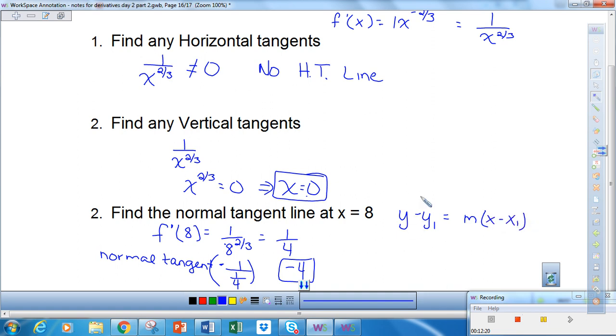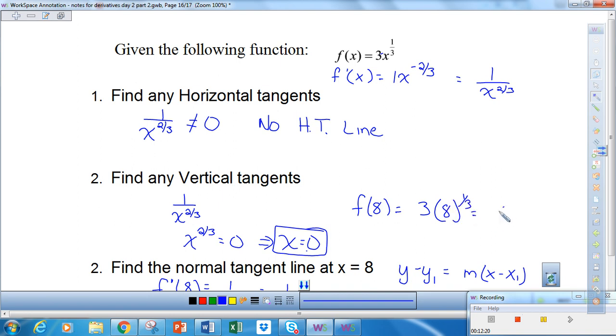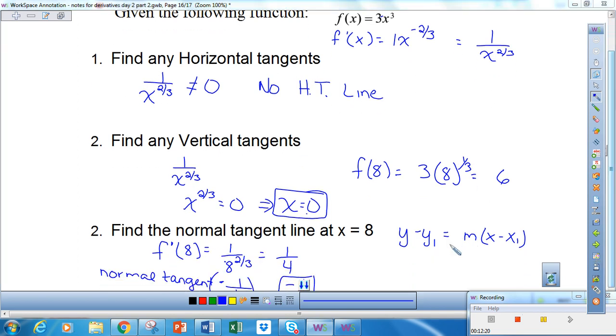So for y1, I would go back to the original equation and evaluate f of x at 8, which would give me 3 times 8 raised to the 1/3, which is 6. So y1 is 6, and x1 is 8. So my point is 8, 6.